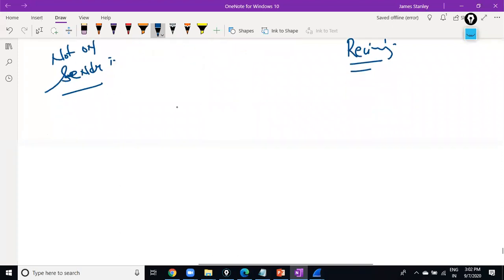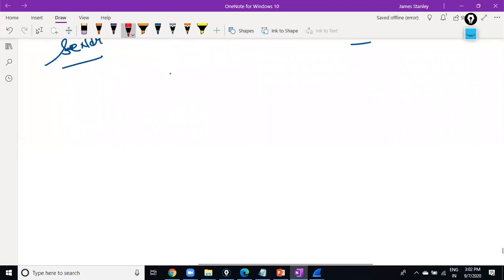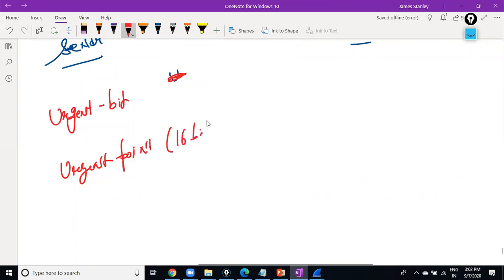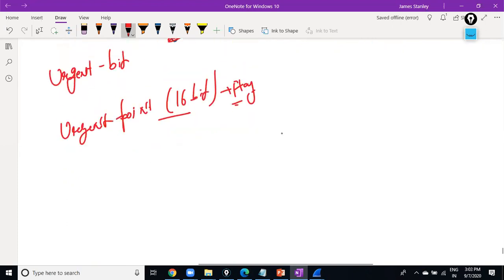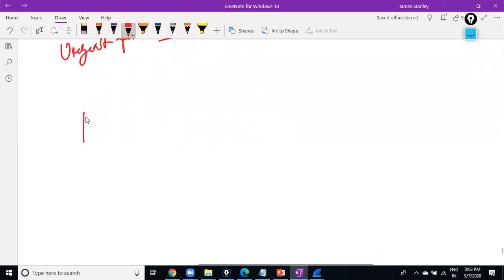What does it mean actually? See, we have two things: the urgent bit and the urgent pointer. The urgent pointer's size is 16 bits, and the urgent bit is a type of flag. Let's consider this is one server, and this is the client.